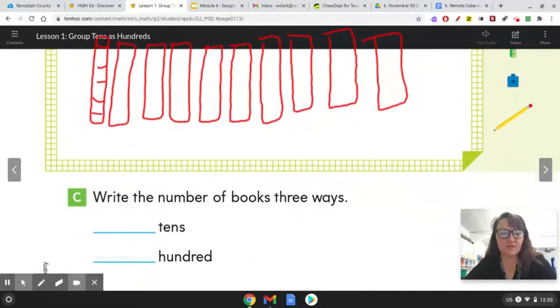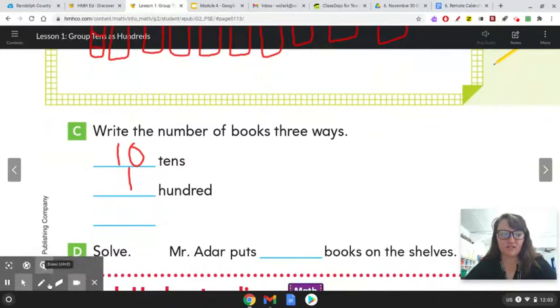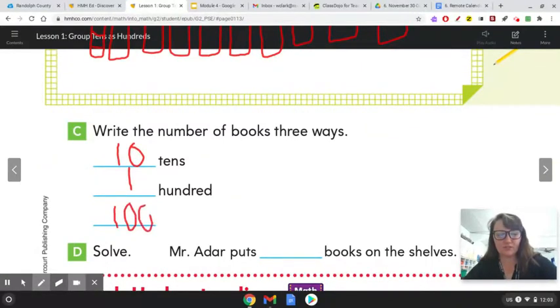So now we're going to write the number of books 3 ways. So how many 10s did we have? We have 10 10s. We have 10 10 sticks. And then how many hundreds do we have? I said 100. So now, if I can get it to move down here, it says 100.